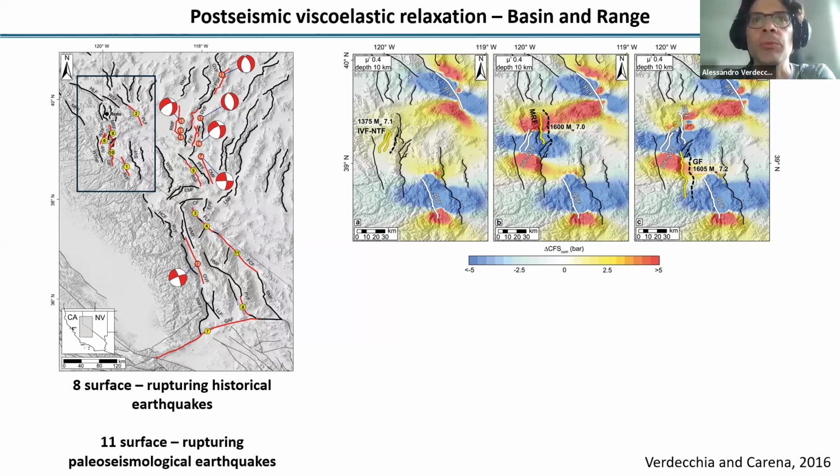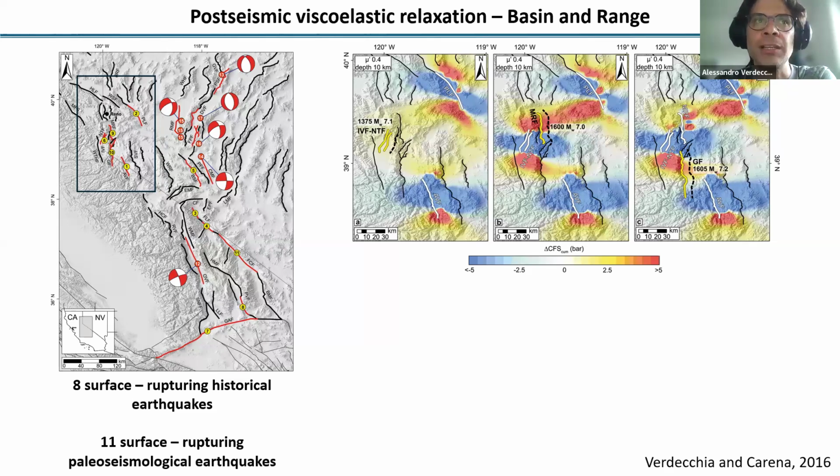At least there were people living there, but nobody was recording earthquakes 500 years ago. So we don't have so much knowledge about events that occurred there before 200 years ago. So that's why we call everything that happened before a paleoseismological earthquake.